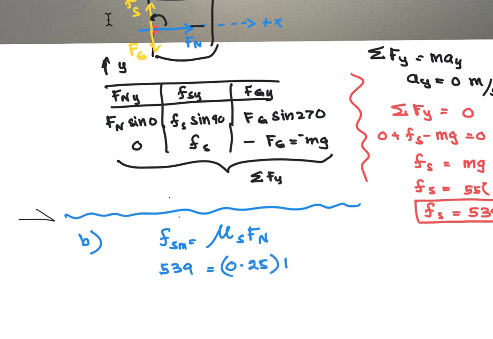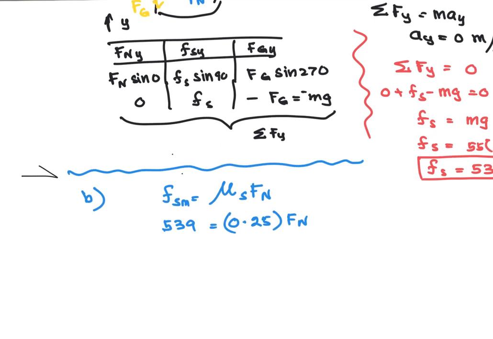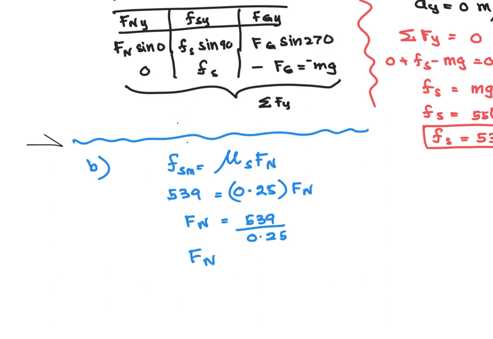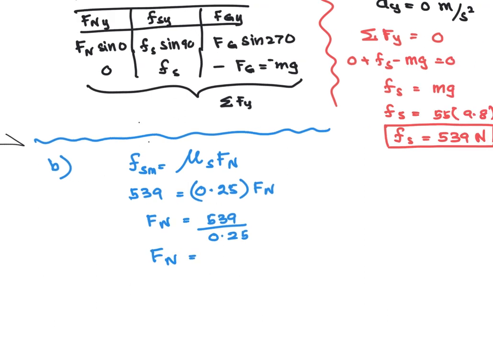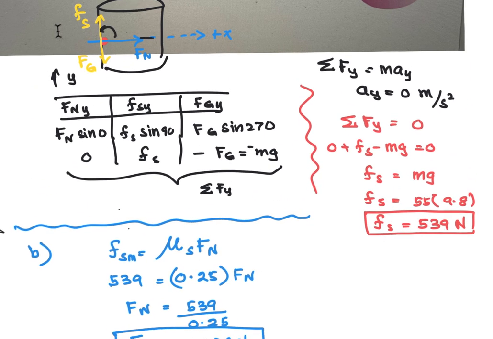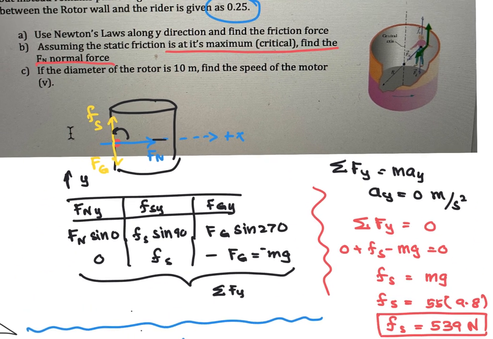Using this you can find Fn, which equals 539 divided by 0.25. Use your calculator to find Fn, and that is the normal force pointed along the direction toward the center.